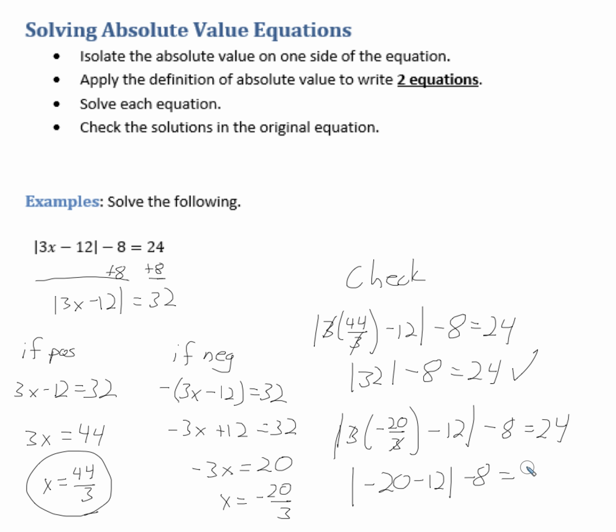Does that equal 24? Well, this is negative 32 minus 8. Running out of room here, but this is absolute value of negative 32 is 32 minus 8 does equal 24. So both of these answers are solutions. And that is solving absolute value equations.